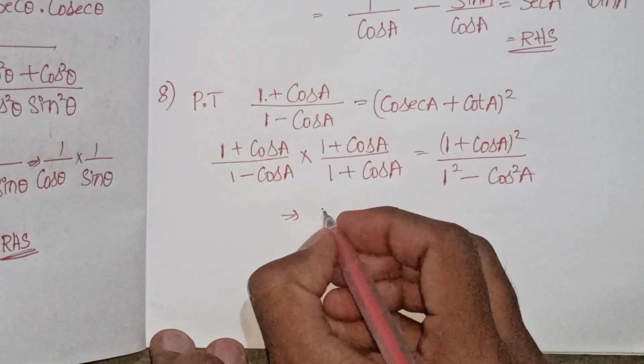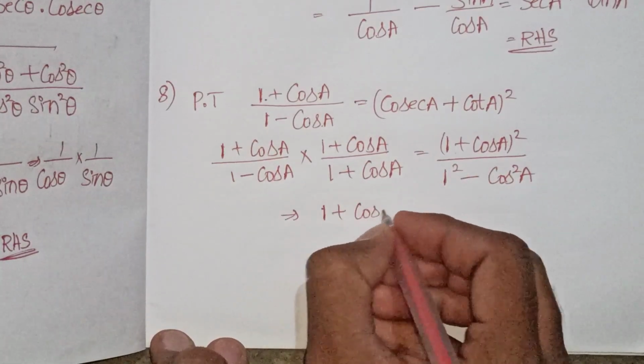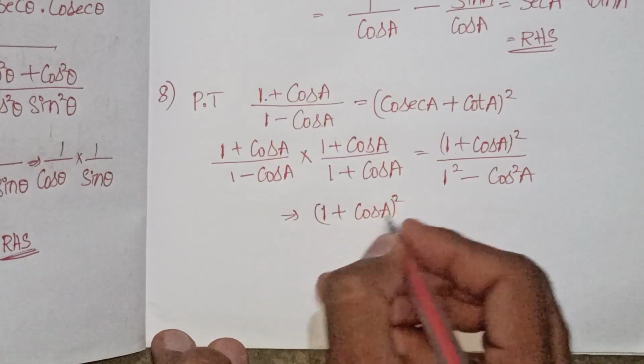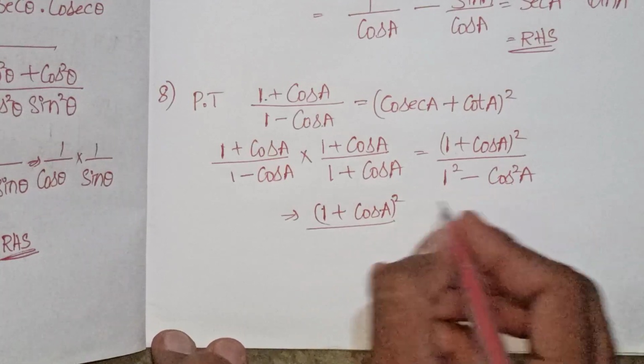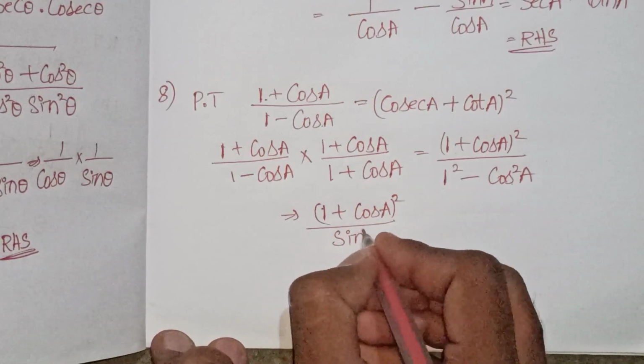The numerator is kept as it is, and in the denominator 1 minus cos square a can be written as sin square a.